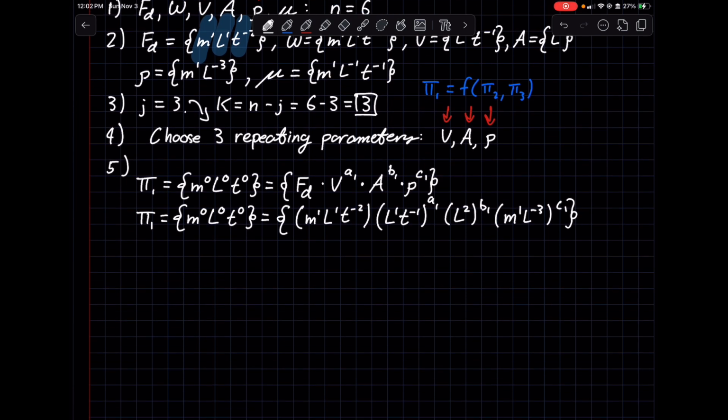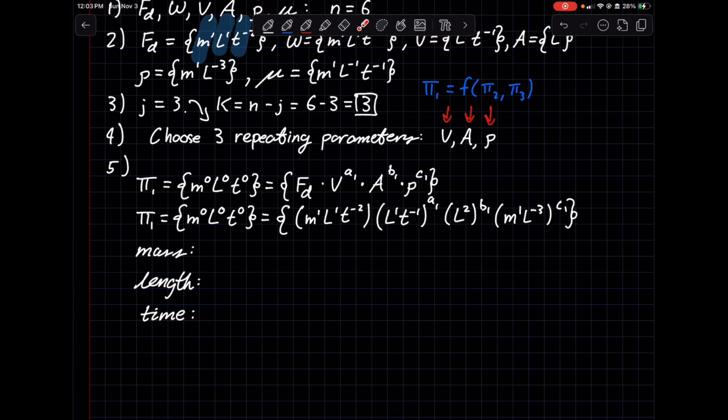So what we're doing, again, is we're solving for A1, B1, and C1 such that this is true. Meaning what we can do here is separate everything into our mass, our length, and our time. So we're just going to be setting an equation and solving for all the exponents.